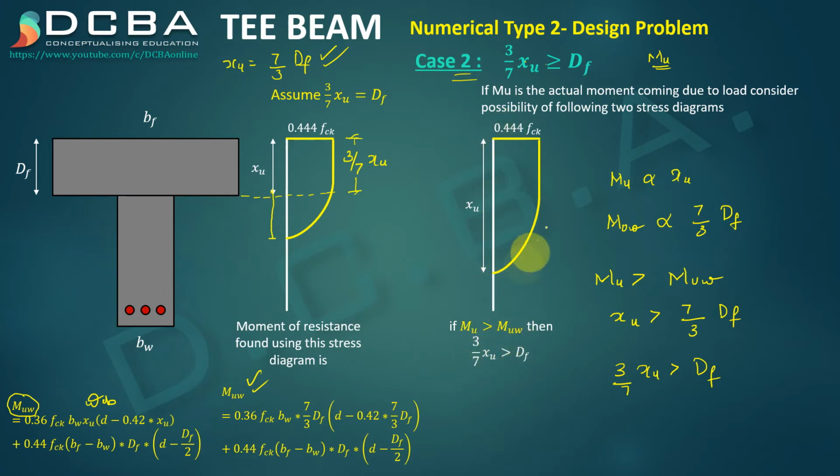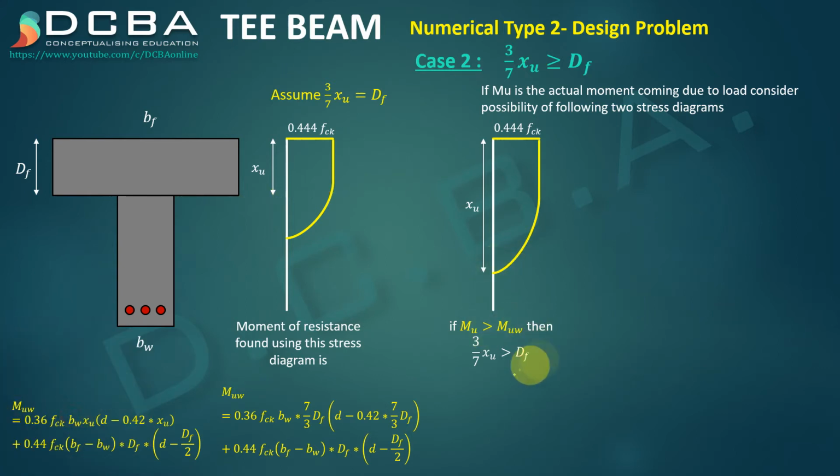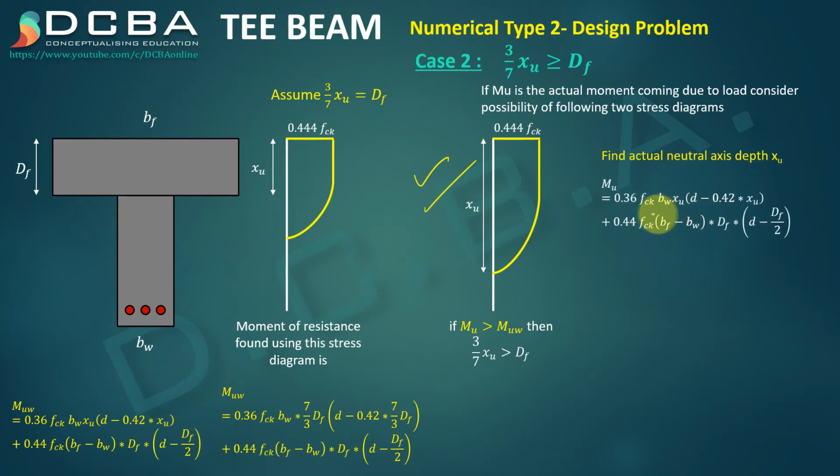So this is how the stress diagram will now look, and let us assume that this case is true for us. Now we can calculate the actual neutral axis depth XU, because till now I have not got its actual value. So MU is equal to 0.36 FCK BW XU into (D minus 0.42 XU) plus 0.44 FCK (BF minus BW) DF into (D minus DF by 2).